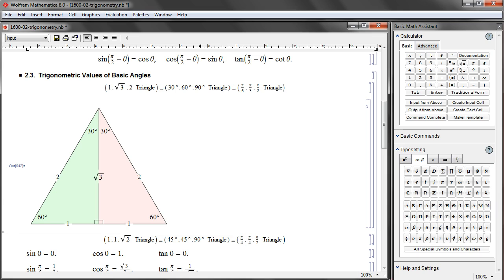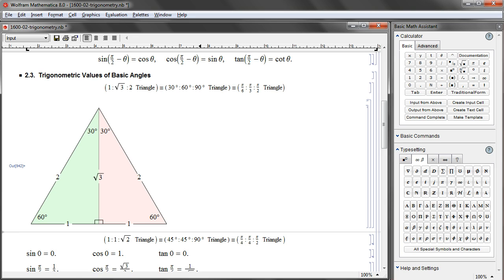And because of the symmetry, this bisecting line must bisect the bottom side perpendicularly, generating a pair of triangles that are congruent. On the left-hand side, we have a blue triangle with sides 1 and 2, and then 30 degrees and 60 degrees. And on the right-hand side, we have this pink triangle with sides 1 and 2 with 60 degrees and 30 degrees and 90 degrees, and a height which is not really known yet.